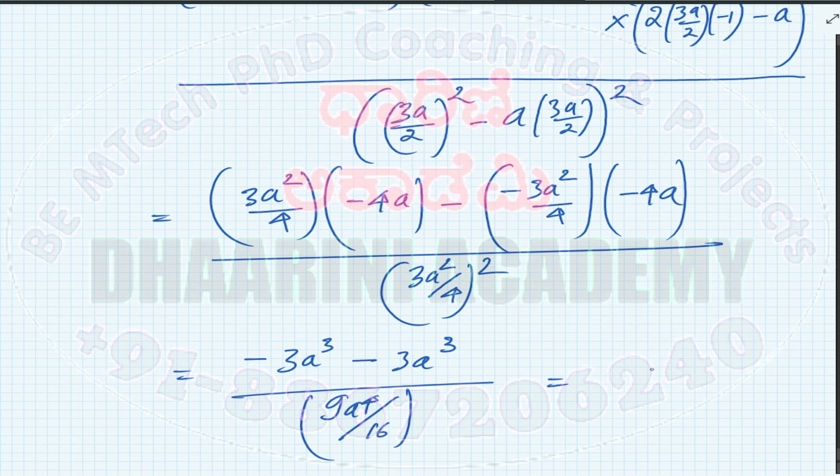Okay, so when you reduce, the y2 becomes equal to minus of 32 by 3a. This is the answer. Okay, we got y1 and y2.